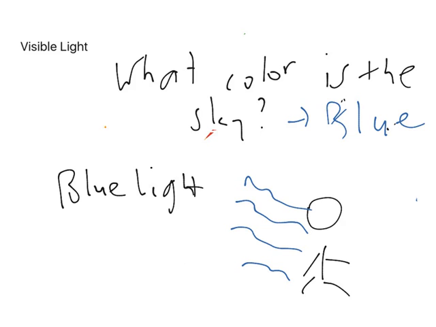So if we see a lot of blue light, we will not be able to sleep very soon. The problem with that is if you're using your cell phone, and your cell phone uses a lot of blue light, then that would make it more difficult for you to sleep.